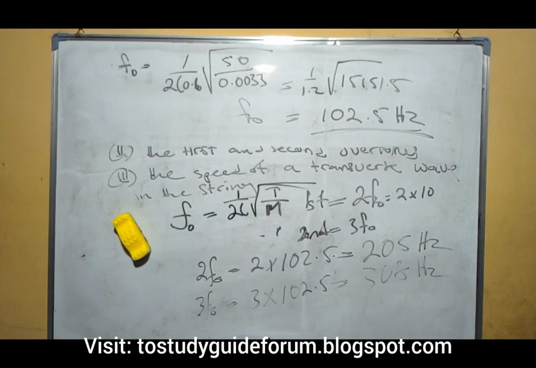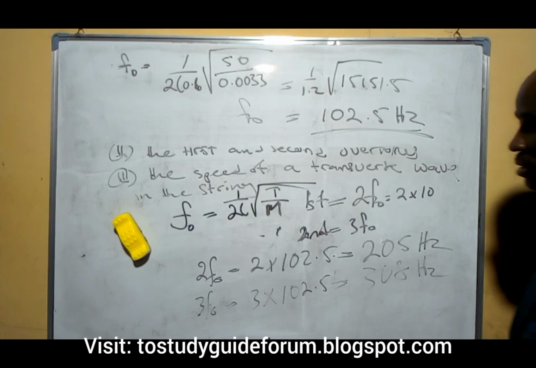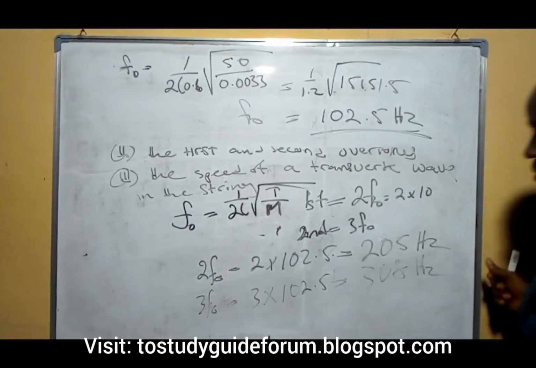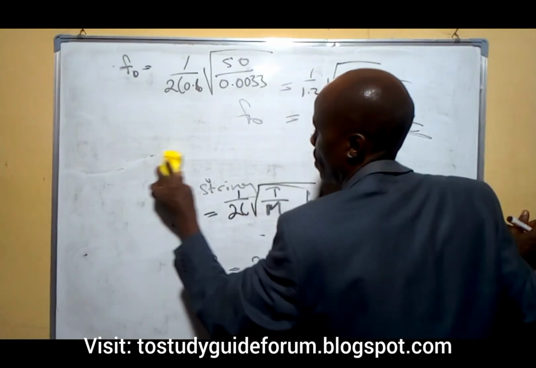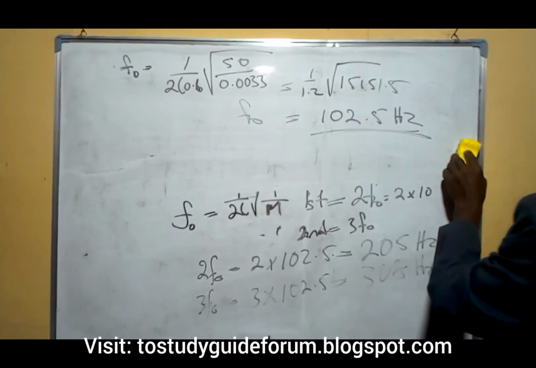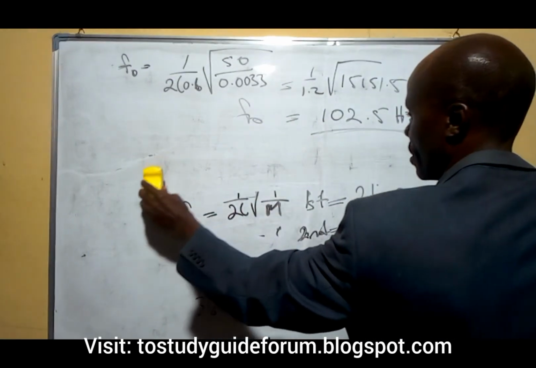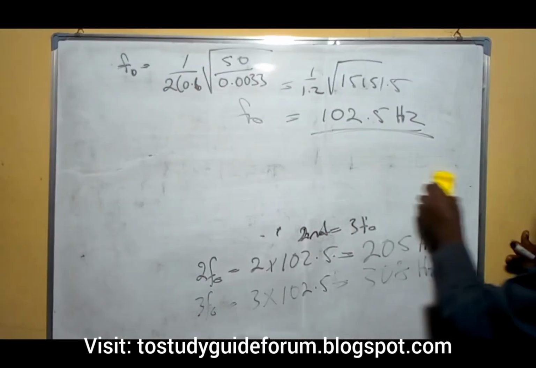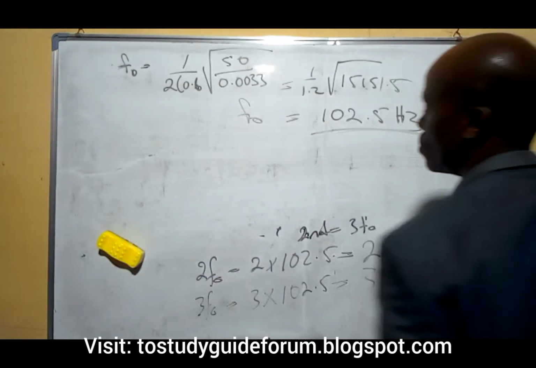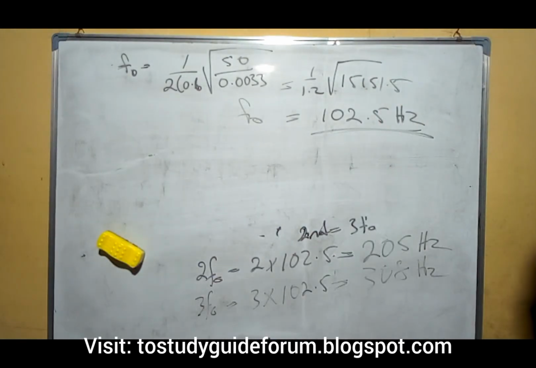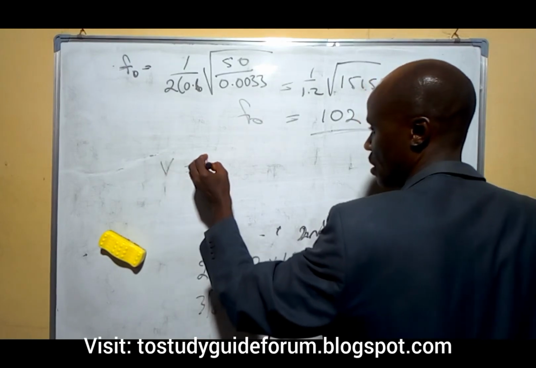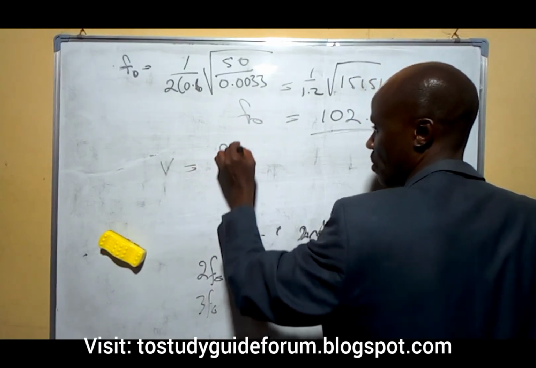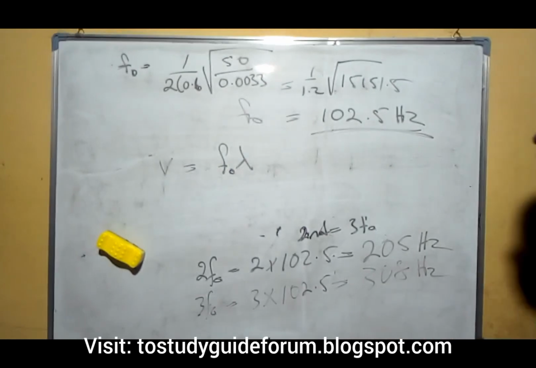The last question there said to calculate the speed of a transverse wave in the string. So the speed of the transverse wave in the string can be calculated using the velocity, which is the speed there, equal to fundamental frequency times lambda.